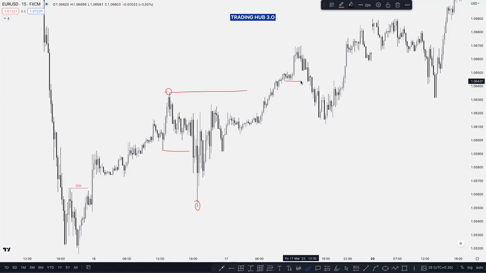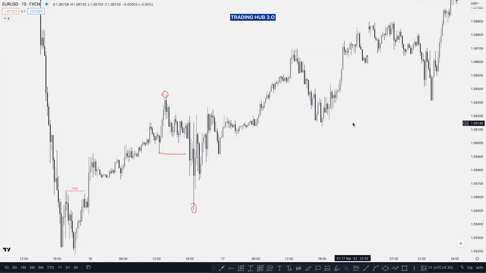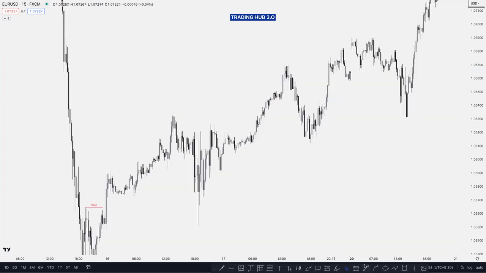Again, break the structure, take out the inducement, mitigate something here and continue going higher. This is again a break of structure here like this, and then it continues going higher high, taking out the inducement. Let's mark this one.